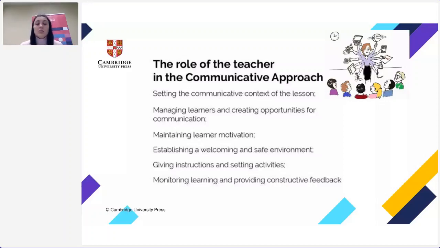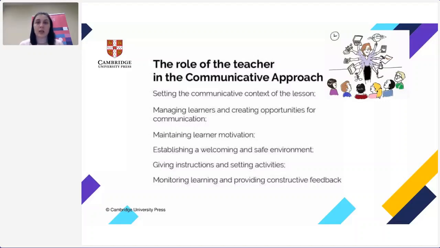Then managing learners and creating opportunities for communication. Here it's quite an important thing, because we all understand that a class is a group of kids. Some of them study better, some of them a little bit worse. Maybe some of them even have tutors or extra classes, and they can communicate faster.